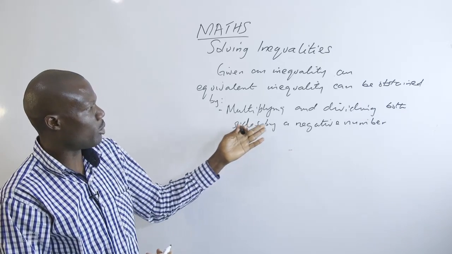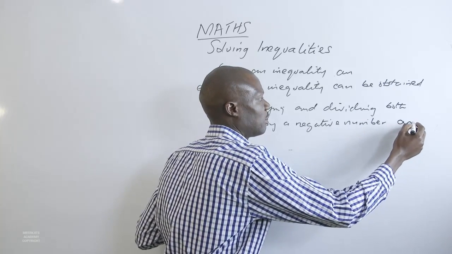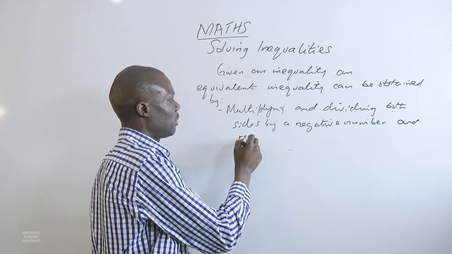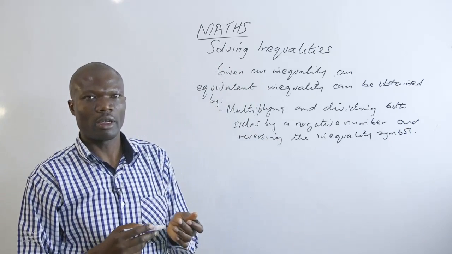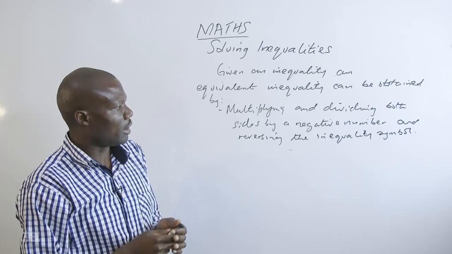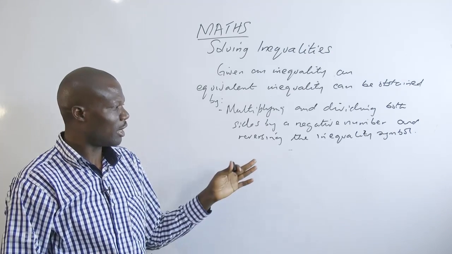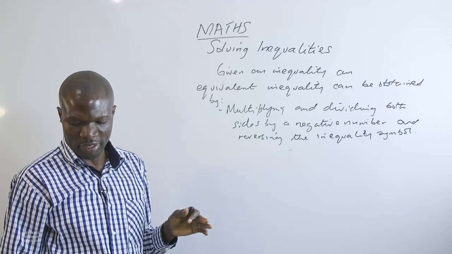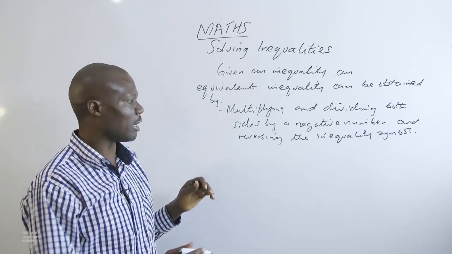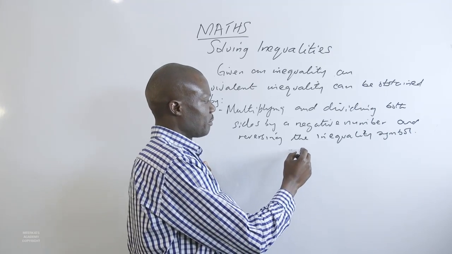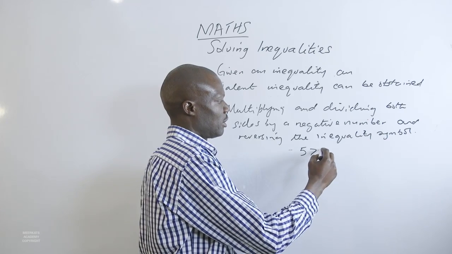So, multiplying or dividing both sides by a negative number and reversing the inequality symbol. I want you to consider the following, and then you see why this particular point is necessary. We all know that 5 is greater than 2.